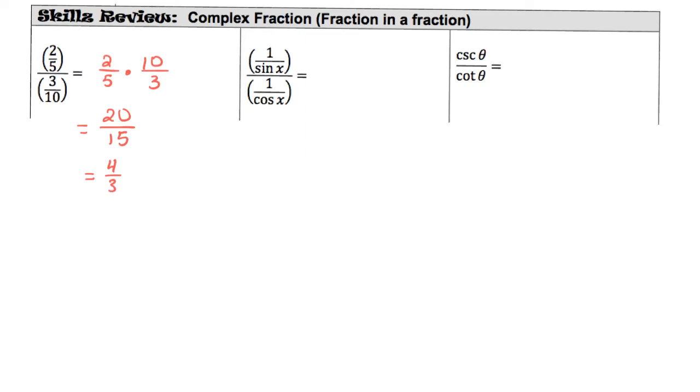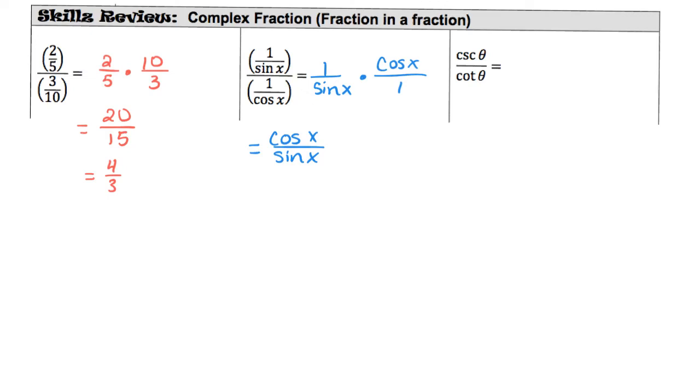Okay, so let's take a look at the next example. I'm going to keep, change, and flip, multiplying by my reciprocal. So keeping 1 over sine of x, change division to multiplication, and flip cosine of x over 1. Multiply my fractions straight across. And here's where the use of an identity comes in.